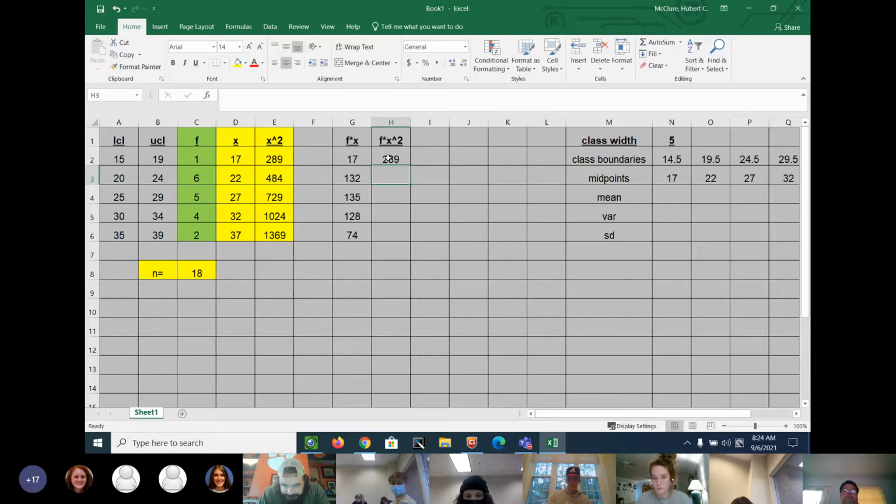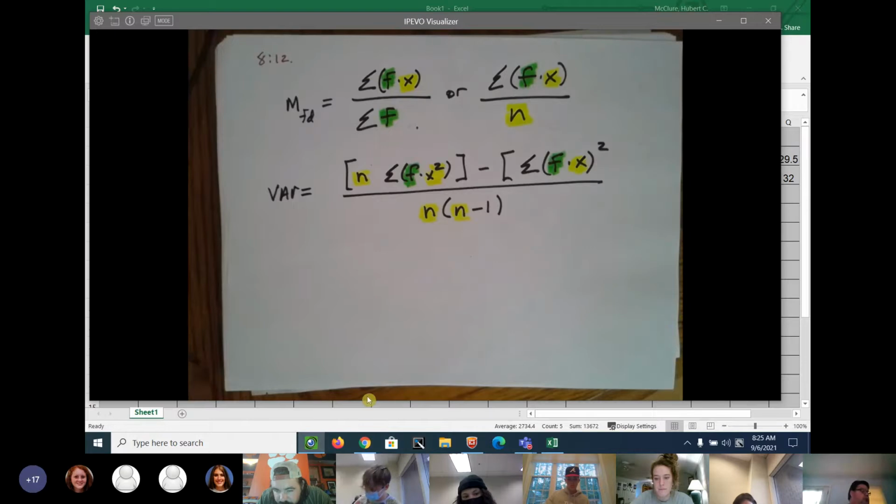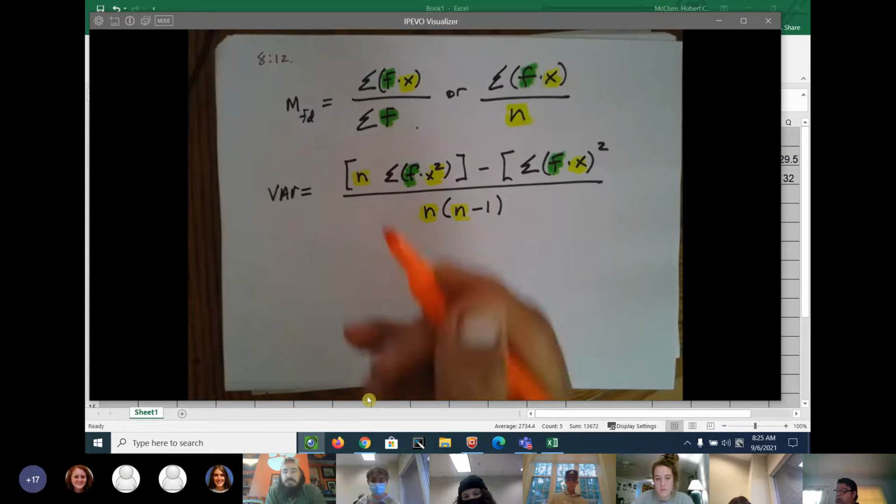Copy that down. And what do we need to do to f times x and f times x squared? Add them up.